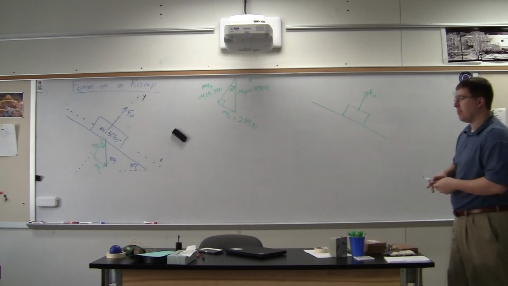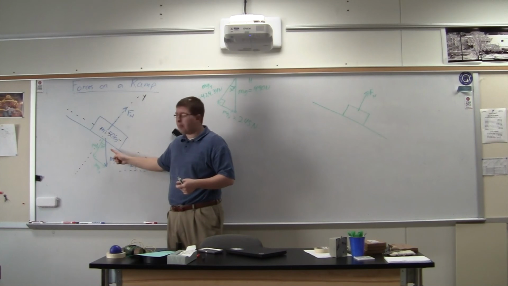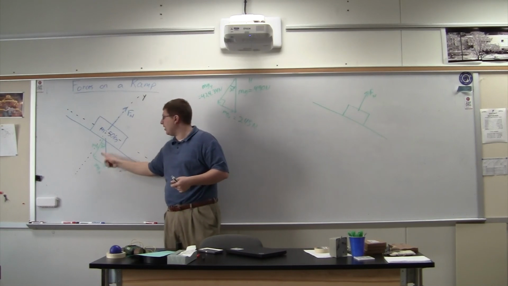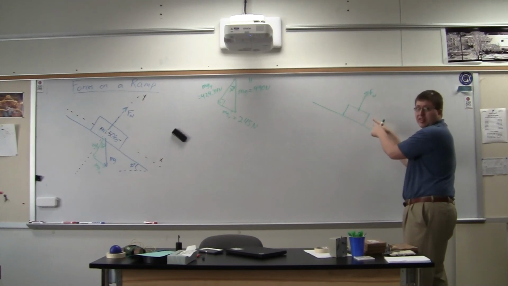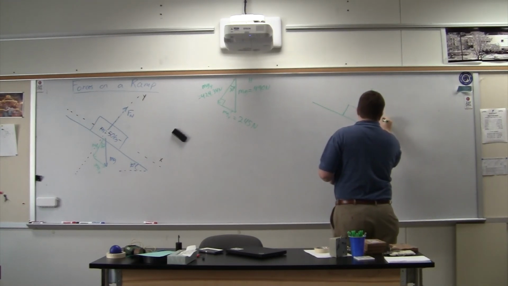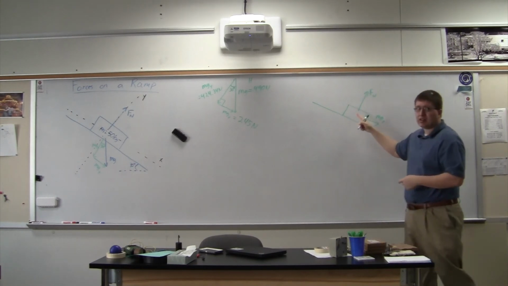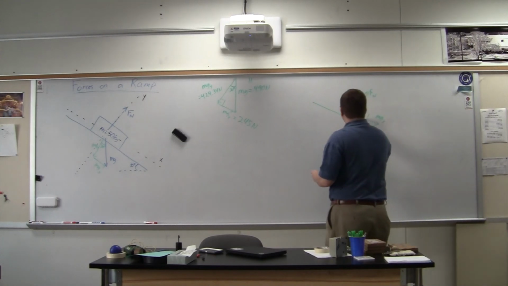But that diagram's a mess, and there's a triangle in it because we ripped mg apart into its components, mgx and mgy. So what I'm going to do is I'm not going to draw mg on this diagram. I'm going to draw mgx. Again, starting near the center of the object, going down the ramp, and I'm going to draw mgy.